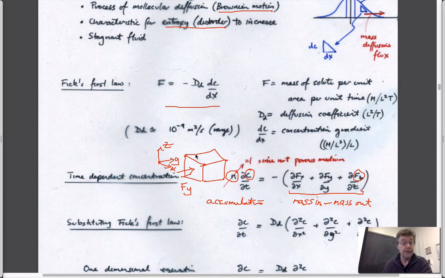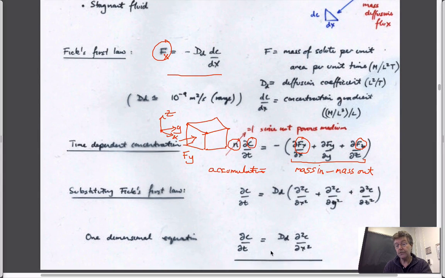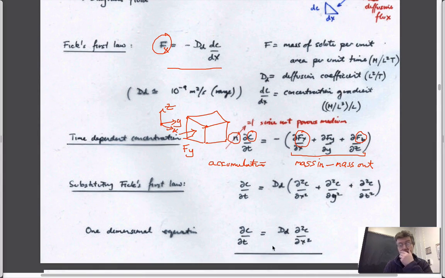So you don't need to know anything more than that. So what we can do is take this flux, which in this case would be a flux in the x direction, and throw it into this expression here. If we do that and manipulate things, we end up with a partial differential equation, which is the so-called diffusion equation.